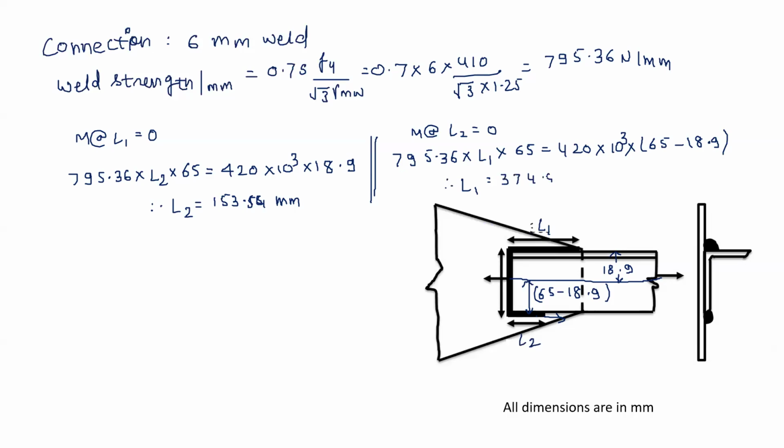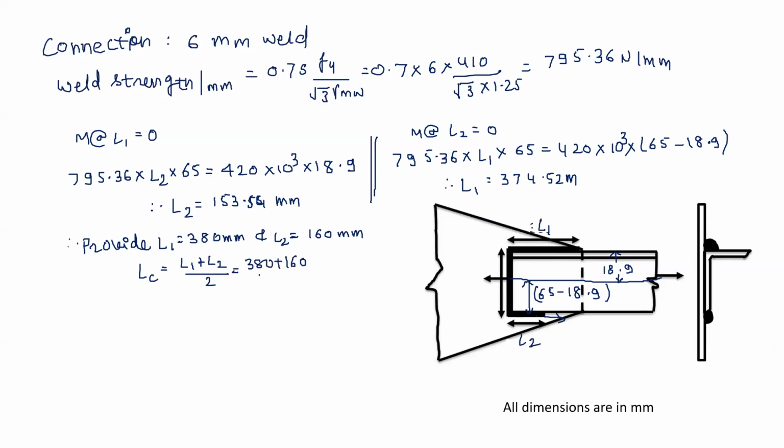And therefore, provide L1 equal to 380 millimeters and L2 is equal to 160 millimeters. And from this we will get LC, which will be L1 plus L2 upon 2. And that is 380 plus 160 upon 2. And we have this is equal to 270 millimeters.